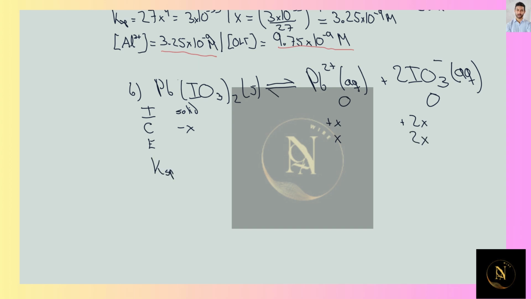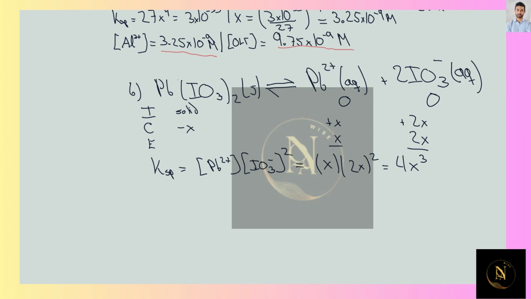Our solubility product constant is going to be the concentration of lead 2 plus times the concentration of the iodate ion squared, which in terms of x is x times 2x squared. This gives us 4x cubed.